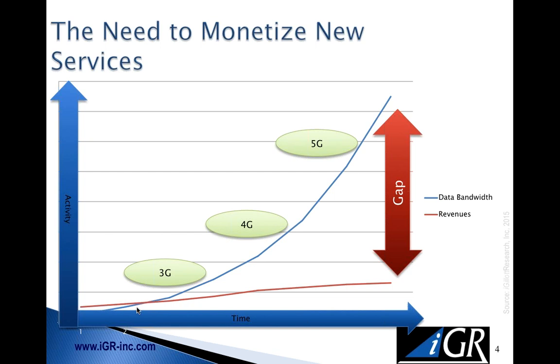So the more minutes you used, the more you paid. Then texting came along, and the more texts you sent, the more you paid. When we got into more of the 3G data, we started getting some of these unlimited buckets introduced, which were really a way to encourage people to get out there and use more data.